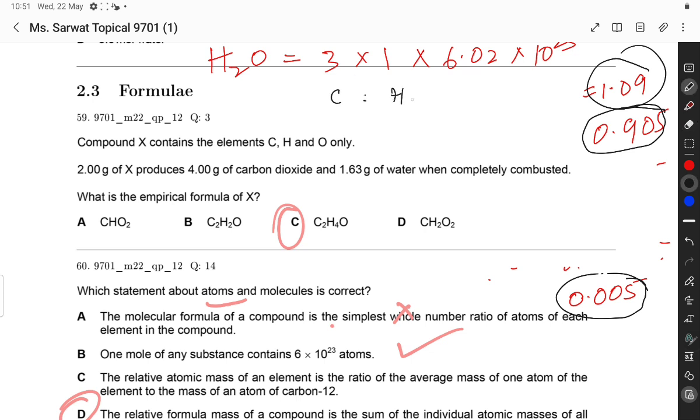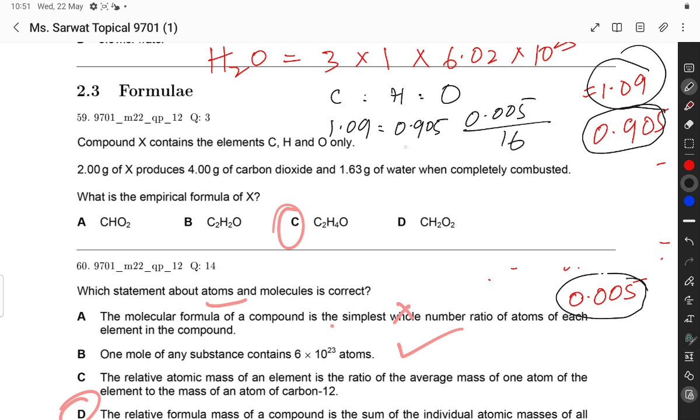Carbon, hydrogen and oxygen. Mass of carbon is 1.09, 0.905 and 0.005.